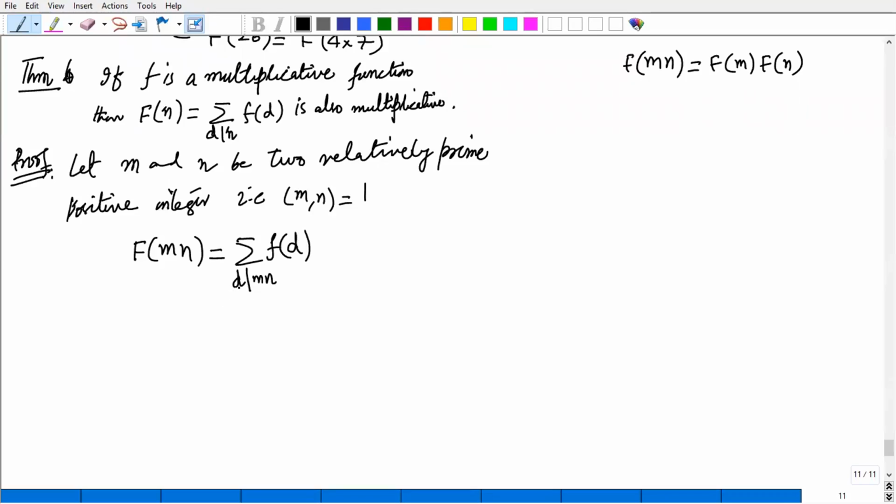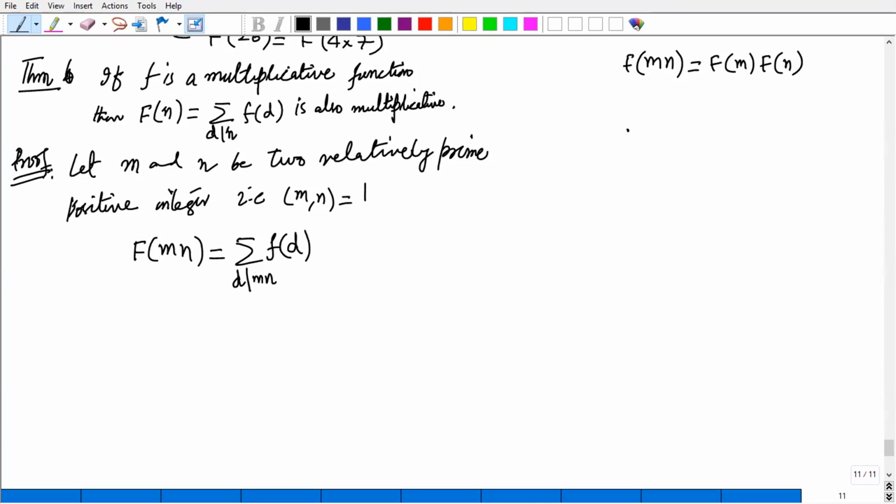So if d is dividing the product mn, it means d divides m as well as n, so we can partition the factors of m and n.